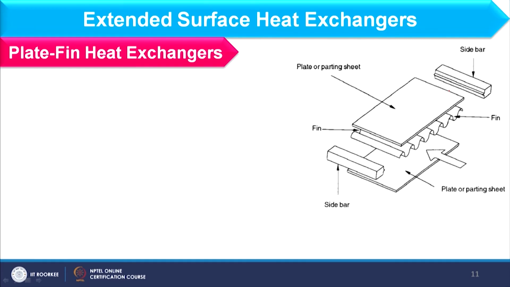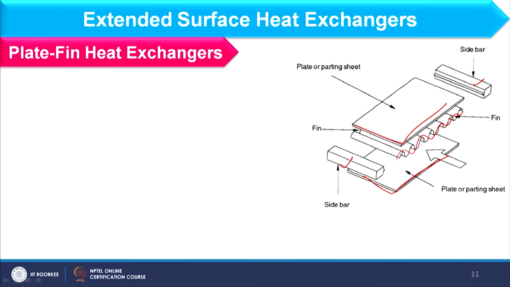And now we will focus on extended surface heat exchangers. If you see here, we have the schematic of this. Extended surface means we are basically using fins. These fins are placed between two plates. If you see, these two plates are there and fins are in between, and at the side we have a side bar.